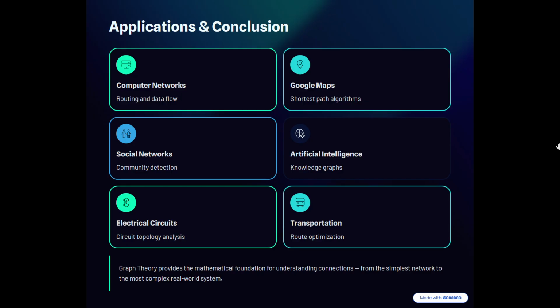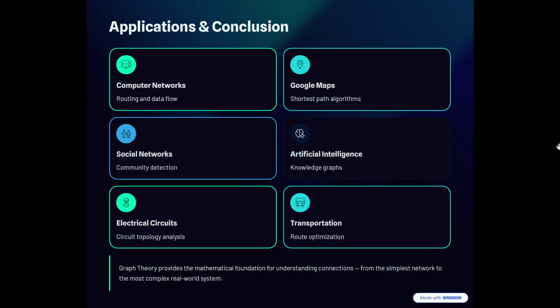The third is social networks, community detection, and fourth one is artificial intelligence, knowledge graphs, and fifth one is electrical circuits. It is used for circuit topology analysis, and the sixth one is transportation, to find route optimization.